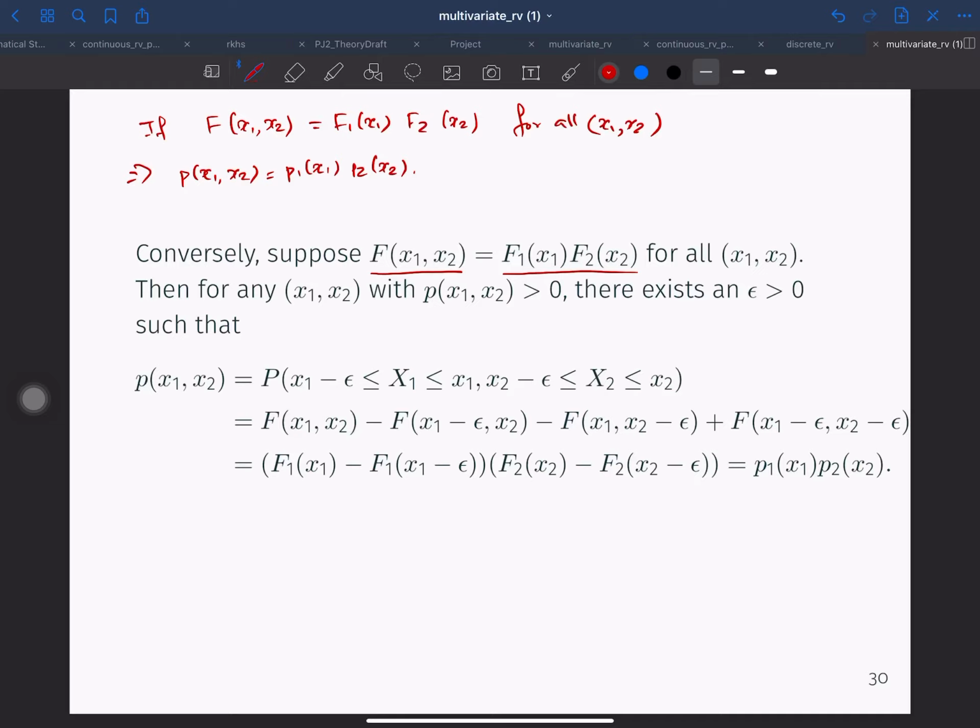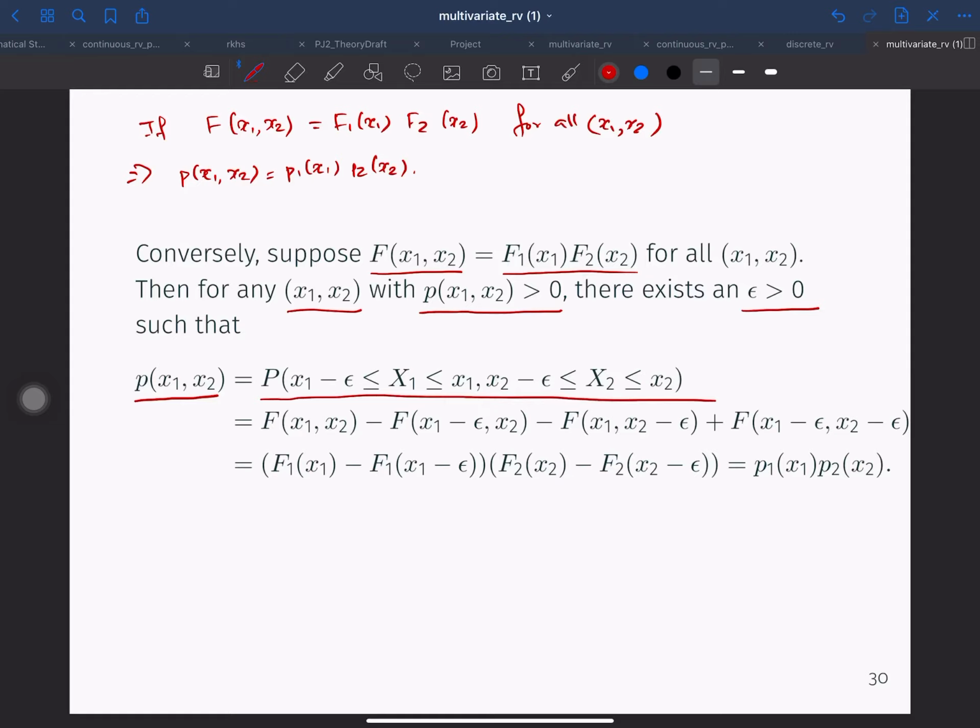The argument goes as follows. For any value x1, x2 with P of x1, x2 bigger than 0, there must exist an epsilon bigger than 0, such that the probability mass function for x1, x2 can be written in terms of this quantity.